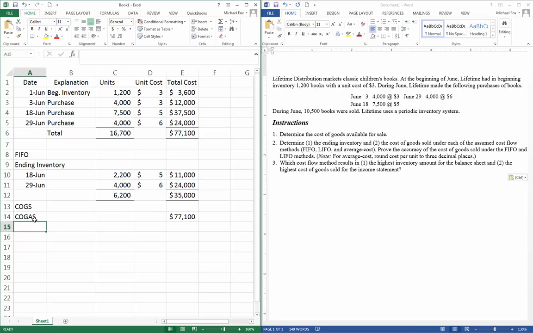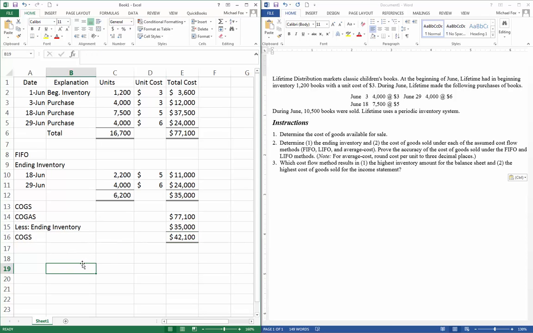And we subtract our ending inventory, which we just calculated as 35,000, and that will give us our cost of goods sold. So that's first in, first out.